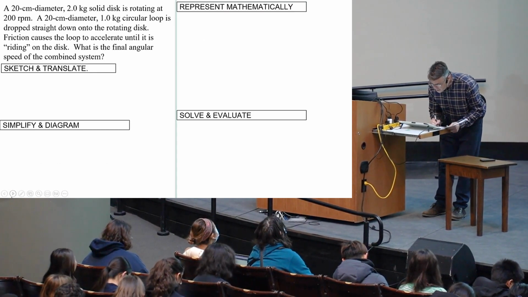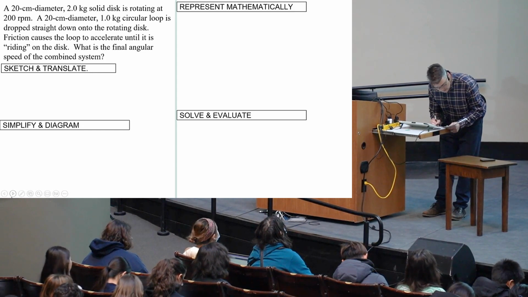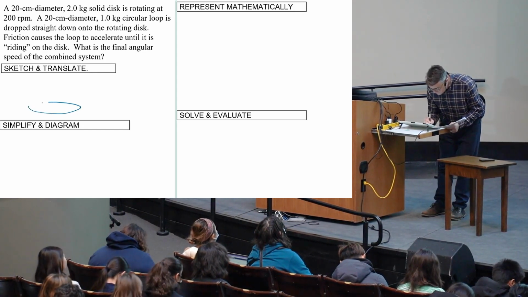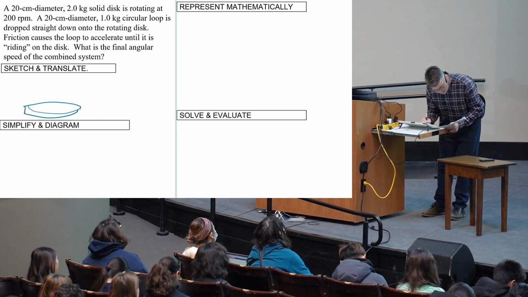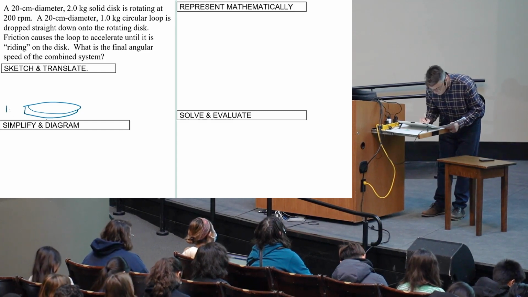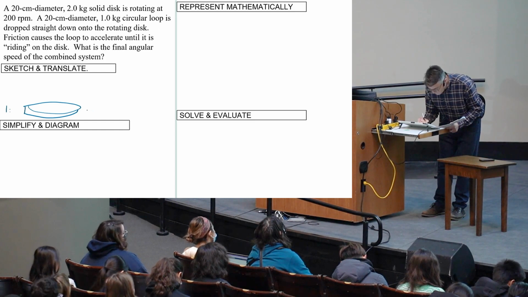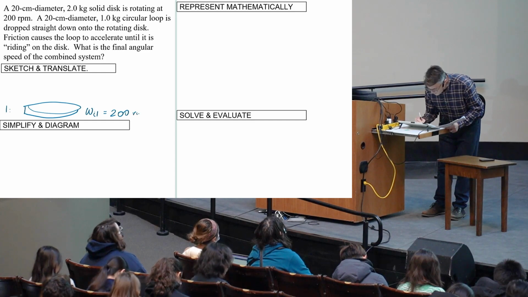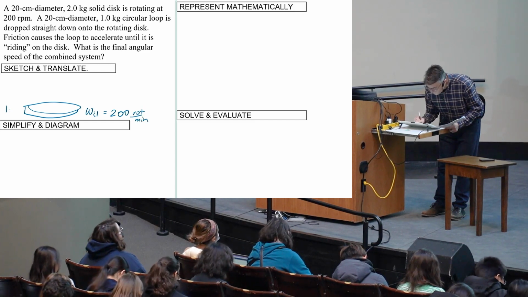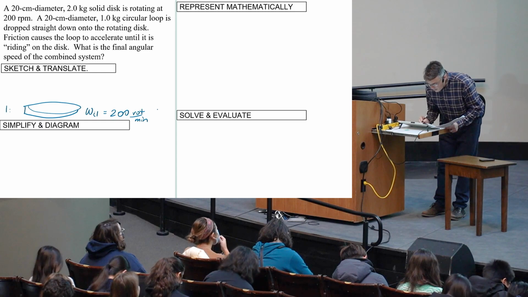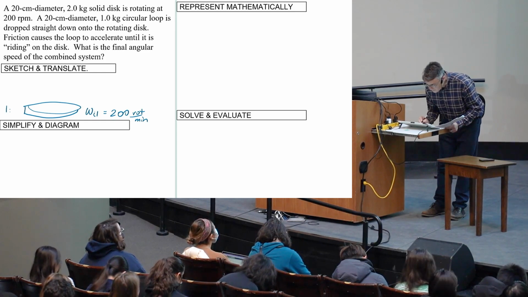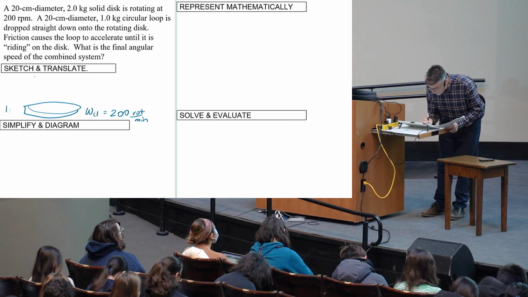A 20 centimeter diameter, 2 kilogram solid disk is rotating, so we can draw that here, at, I'll call this number 1, omega initial 1, is 200 rotations per minute. And then a 20 centimeter diameter, 1 kilogram circular loop is dropped straight down.